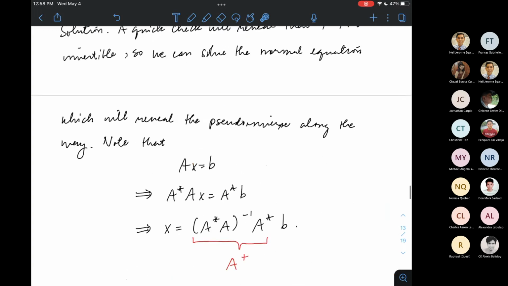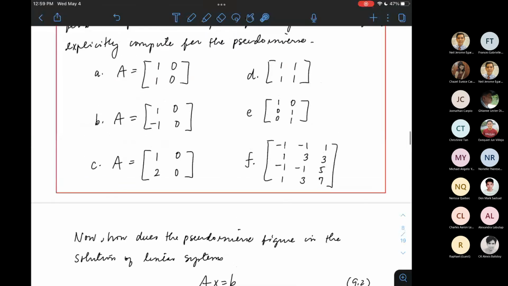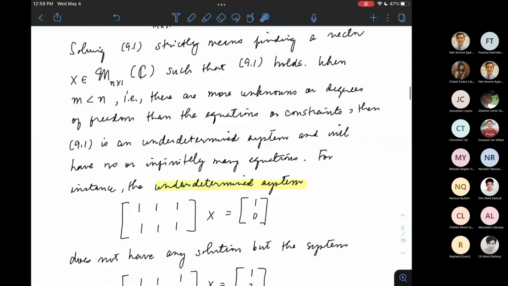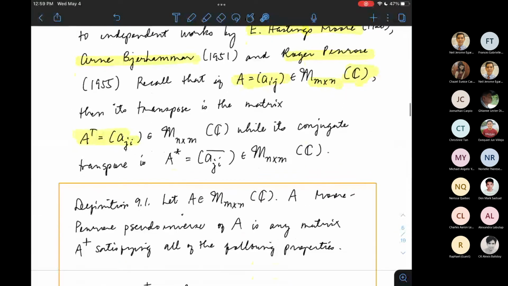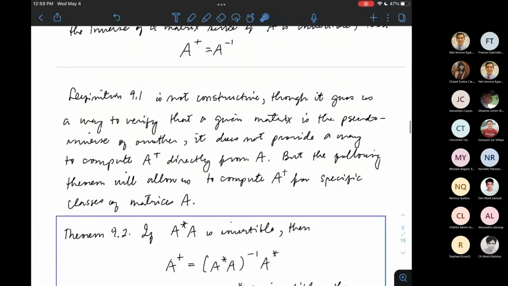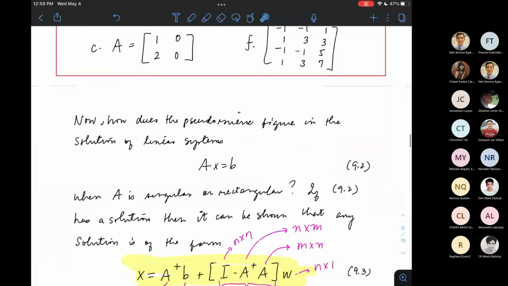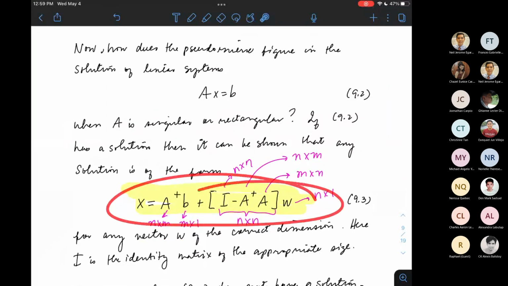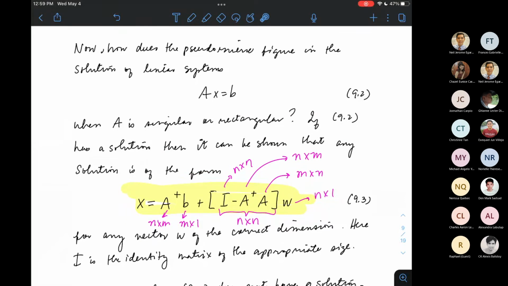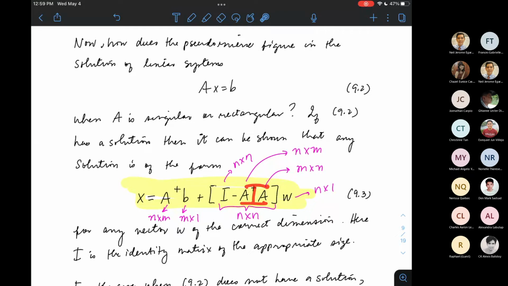Tapos babalik ako sa equation 9.3. Kasi yung equation 9.3 ang nagsabi sa atin na kung merong solution ng isang over or underdetermined system, lagi siyang papatak sa ganitong itsura. Okay? Pero yung A star A, for our example, became the identity matrix.